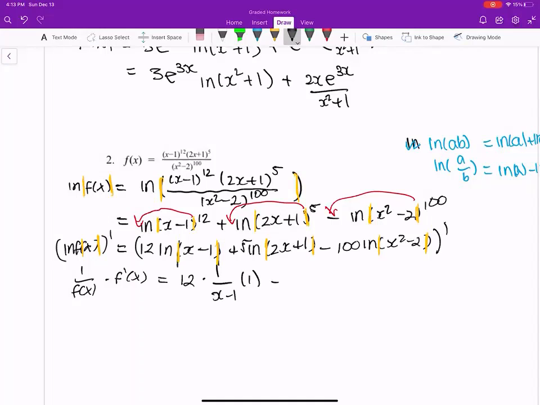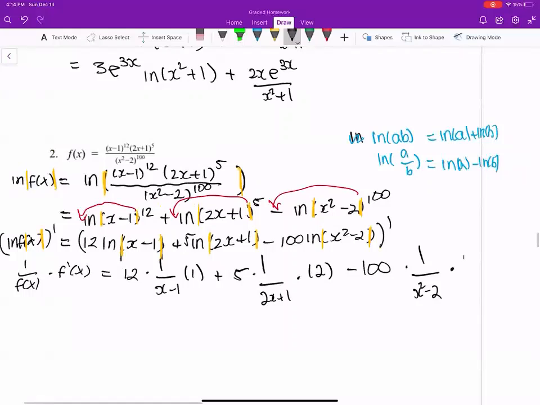Okay, so you get 12 times 1 over x minus 1 times the derivative of x minus 1, which is 1, plus 5 times 1 over 2x plus 1 times the derivative of 2x plus 1, which is 2, minus 100 times 1 over x squared minus 2 times the derivative of that, which is 2x.